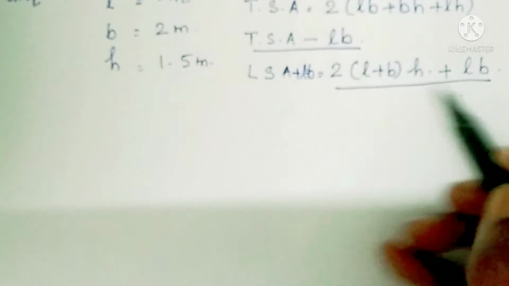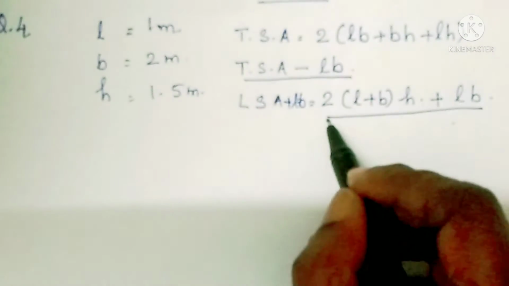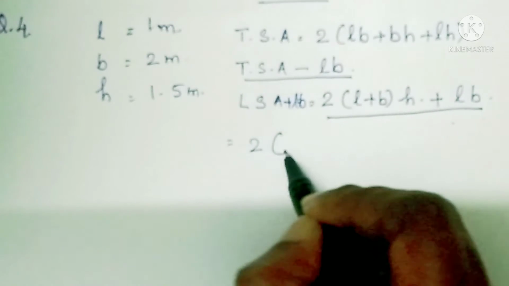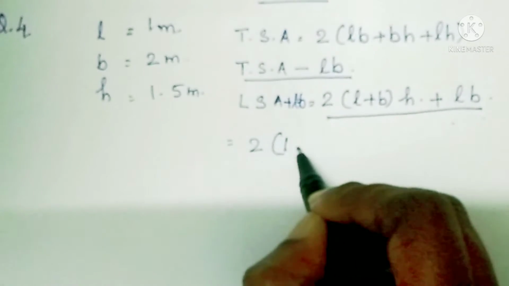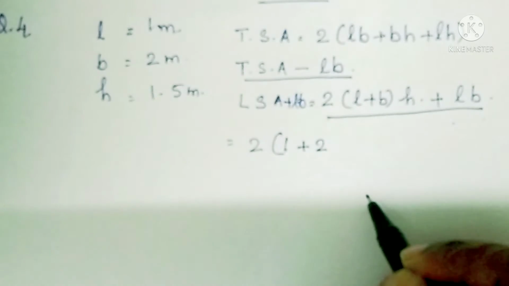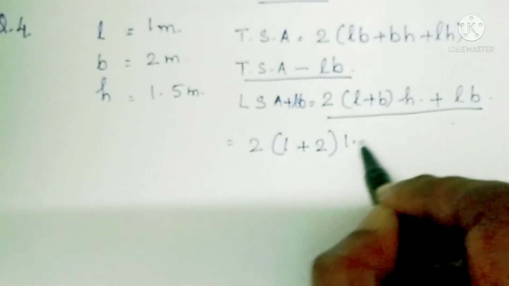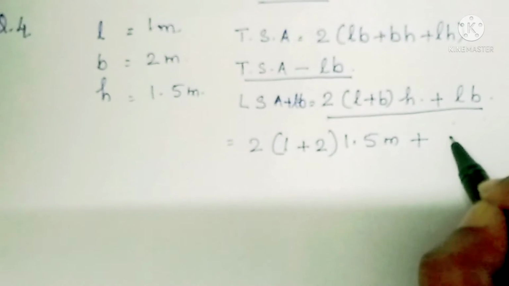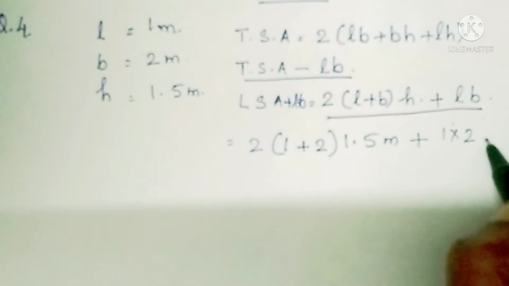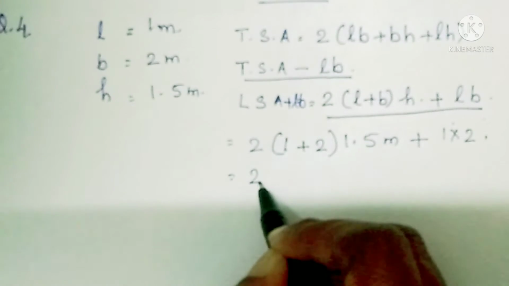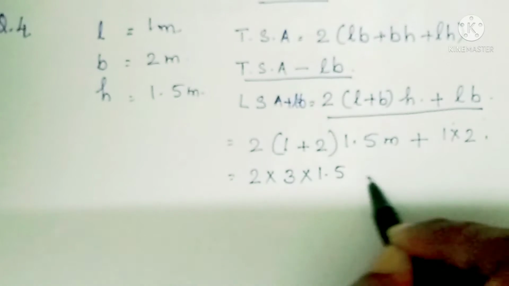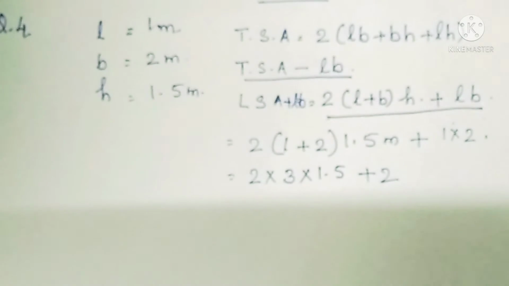So I am going to use this formula. You can use any one of the formulas. That is equal to 2 into (L is 1 meter, B 2 meter) into 1.5 meter, plus LB. LB is 1 into 2. So total 2 into 3 into 1.5 plus 2.